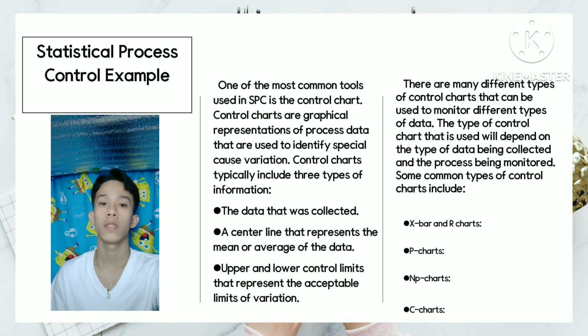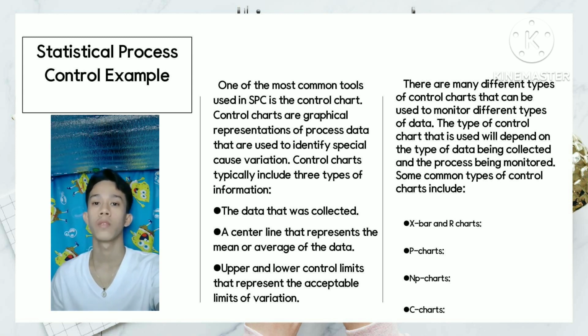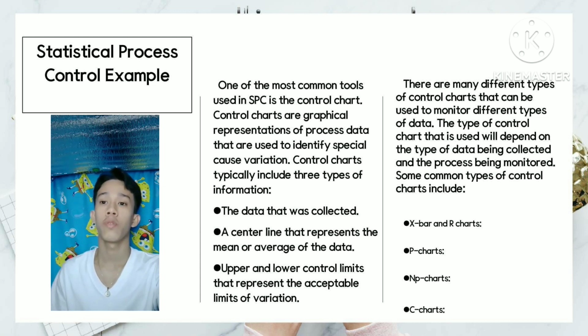Next one is P chart. These charts are used to monitor proportions or percentages. They are typically used to monitor the number of defects in a process. And the third one is NP charts.